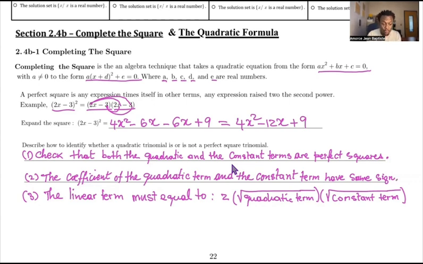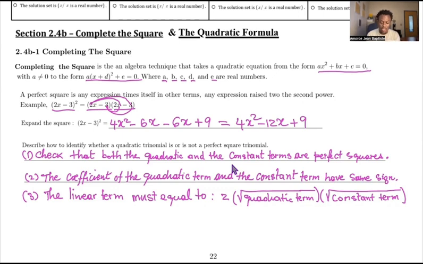And then third, the linear term must equal 2 times the square root of the quadratic term times the square root of the constant term. When you have that, you justify the fact that you have a quadratic expression that can be written as the square of a binomial.